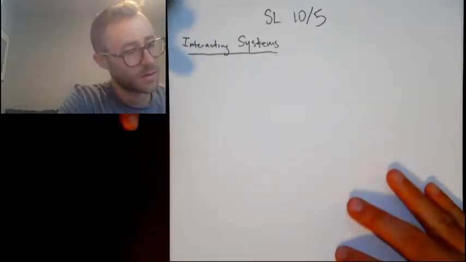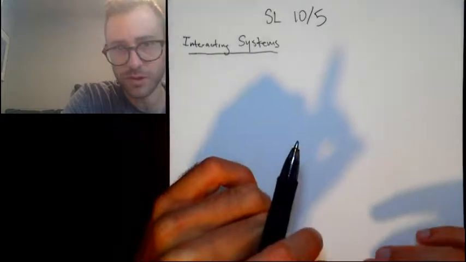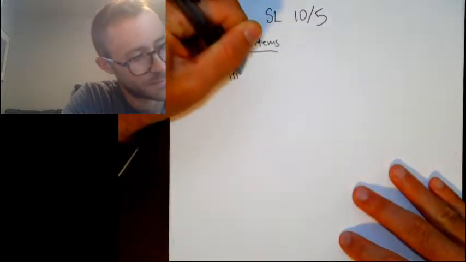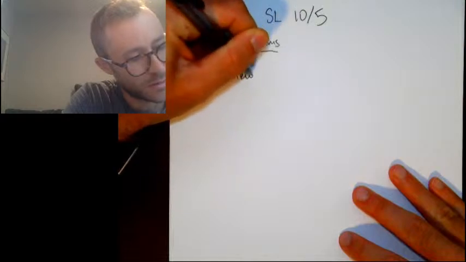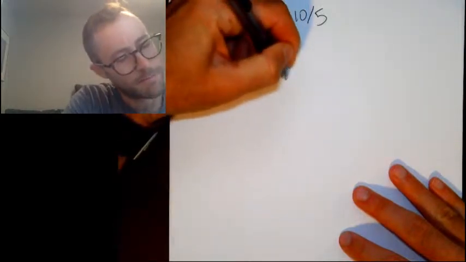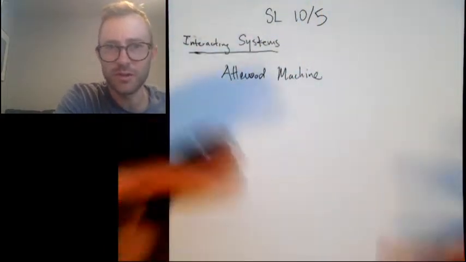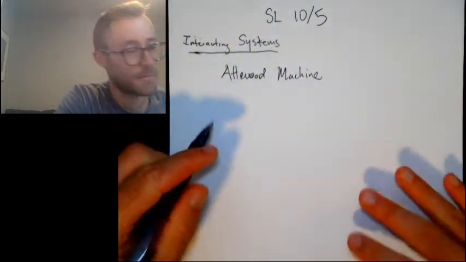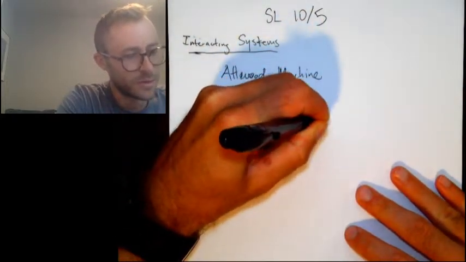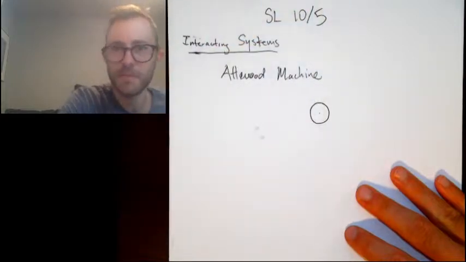So the classic system that we're going to talk about today is something called an Atwood machine, A-T-W-O-O-D. It's a good teaching tool to understand how to solve this kind of problem. Okay, so what we have is a pulley. I will represent the pulley as a circle with a dot.